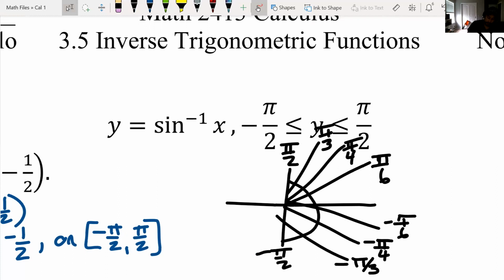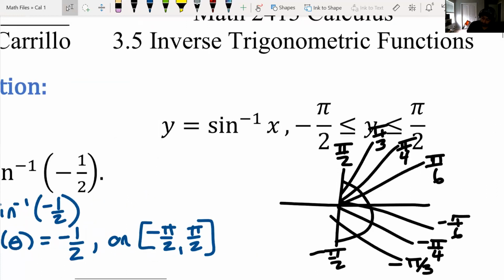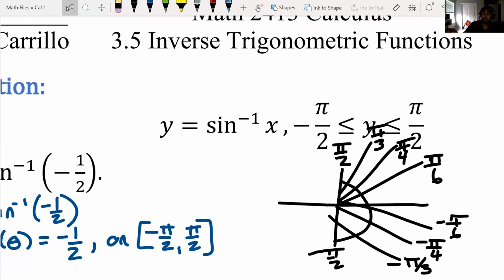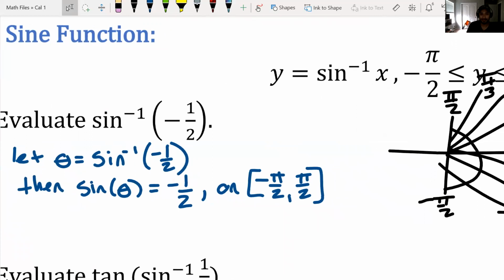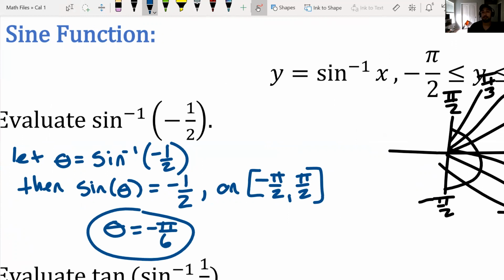Coming back to the problem, on the interval of negative pi over 2 to pi over 2, which value of theta gives me negative 1/2? Well, if you remember your unit circle, which you all do, right? The value for theta is going to be negative pi over 6. That's all we're looking for.